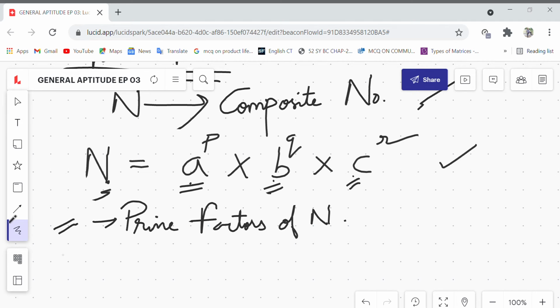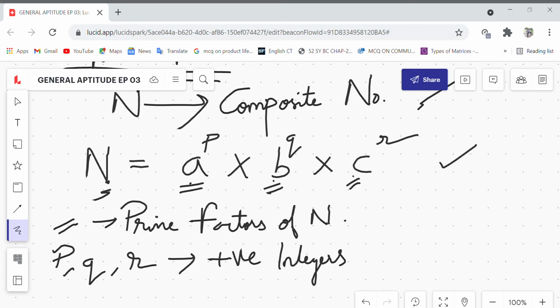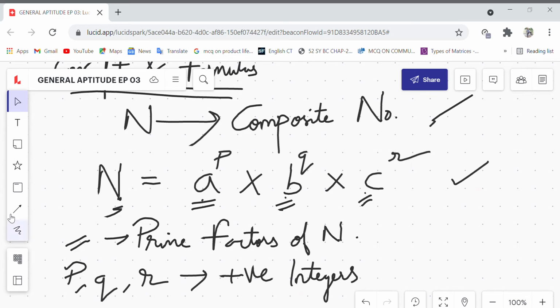So then what is p, q and r? p, q and r, they are nothing but positive integers. So I told you, if n is a composite number, then n equal to a to the power p into b to the power q into c to the power r, where a, b and c are the prime factors of n and p, q, r are the positive integers.